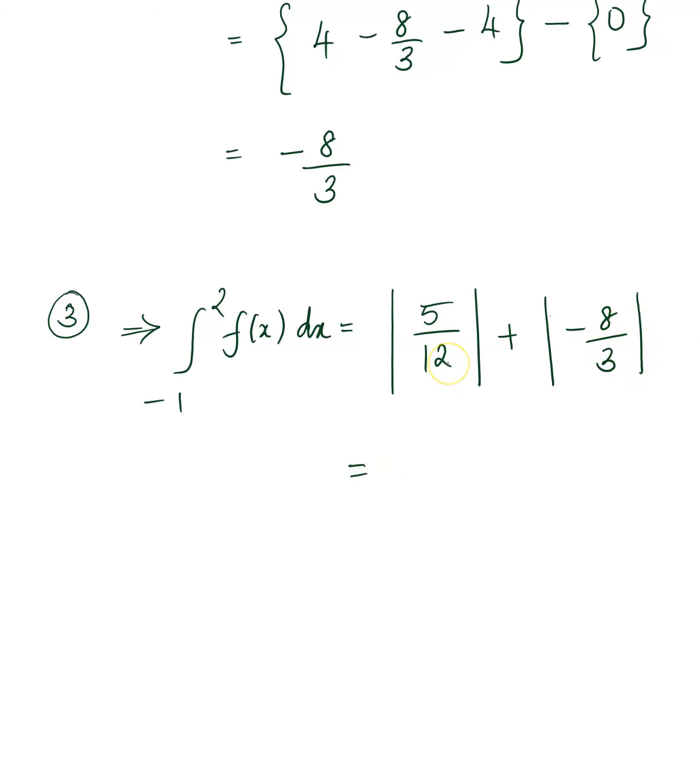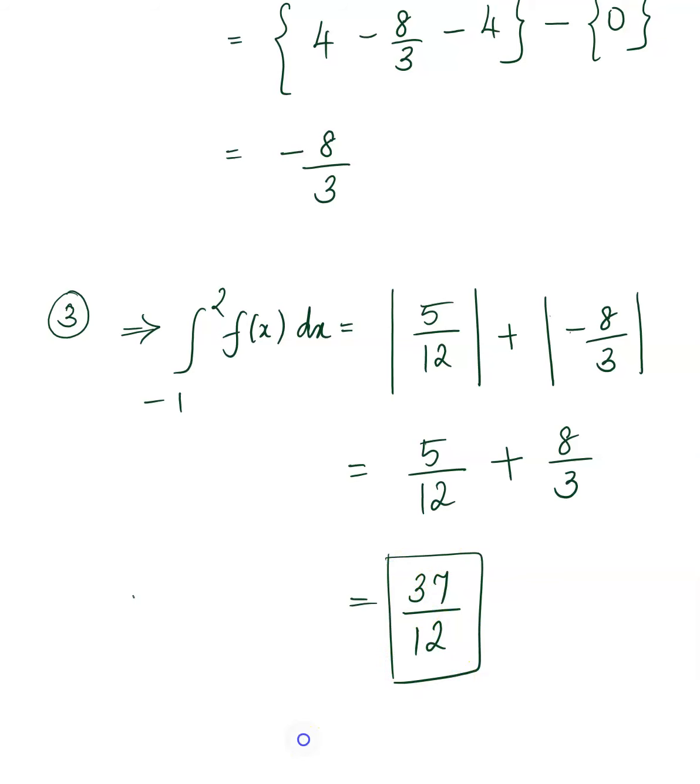Again, 5 over 12 was already positive, doesn't hurt to put the absolute value, so it's 5 over 12 plus the absolute value of a negative value, which comes back as positive, and this gives us 37 over 12, and this is our total area.